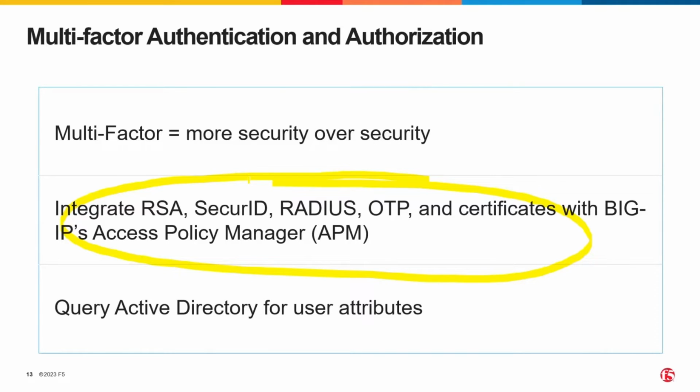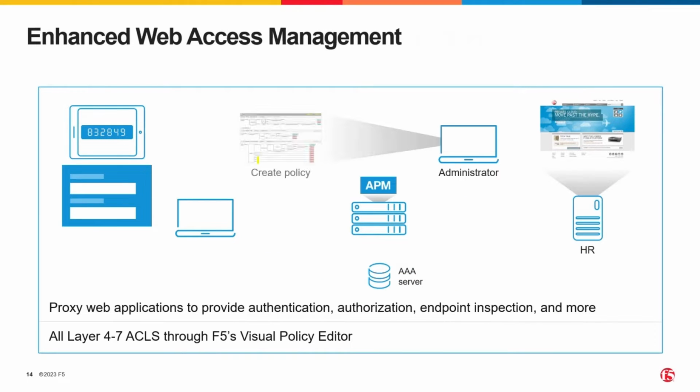Whatever it is, SMSs, etc. We can use almost everything to integrate with MFA and then secure the access with an additional factor when the user is authenticating to our application. So we call it enhanced web access management, because we put some security for a specific application and integrate it with some external additional services like MFA, actually AAA integration, and so on.